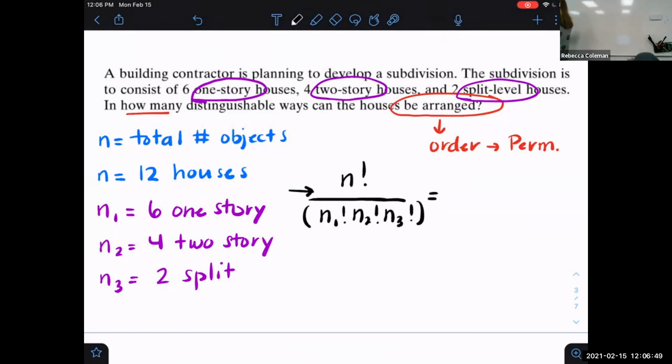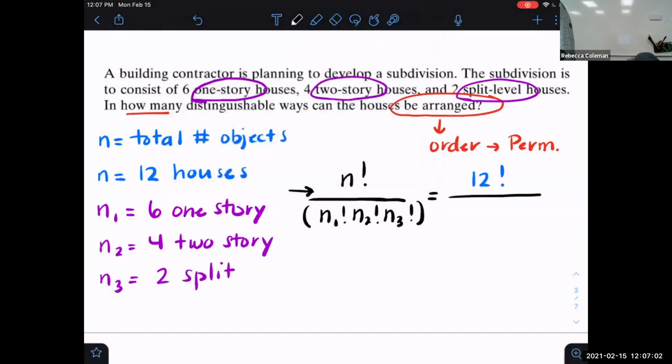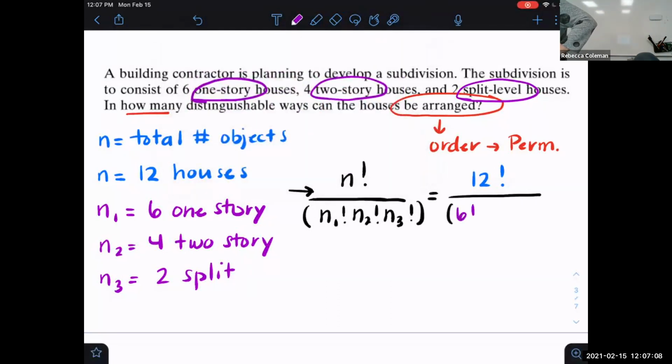That's what the formula looks like. Plug in numbers in here. I would say, okay, I have 12 total houses to be arranged, so I'm gonna start with 12 factorial. But because I have duplicating objects, I'm gonna divide out each one of those subgroups. So I'm gonna divide out a 6 factorial, a 4 factorial, and a 2 factorial.